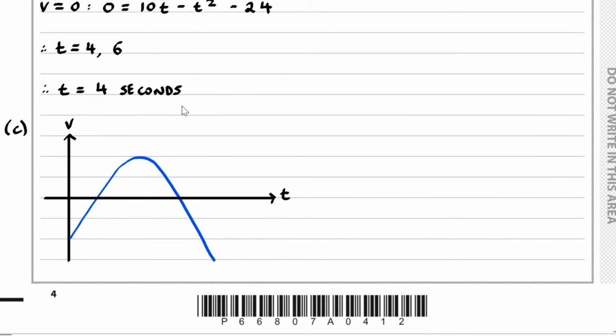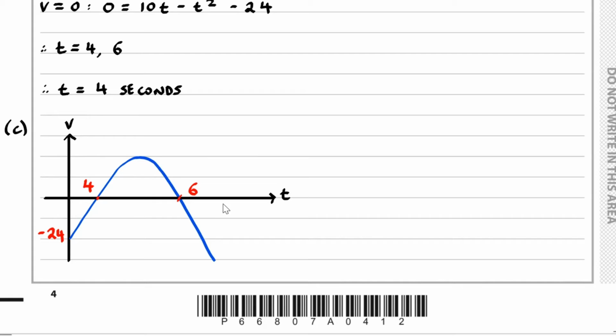Here we have minus 24. When t equals 0, v is minus 24. Here we've got 4, and here we've got 6. t equals 4 seconds and t equals 6 seconds. The particle is instantaneously at rest, so v is equal to 0.